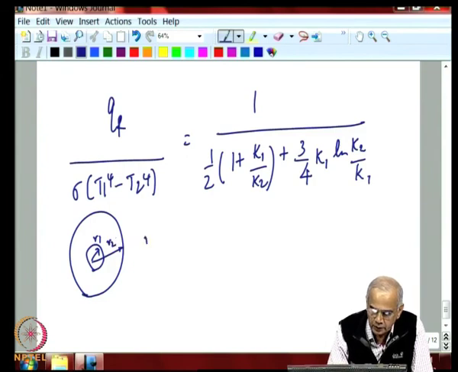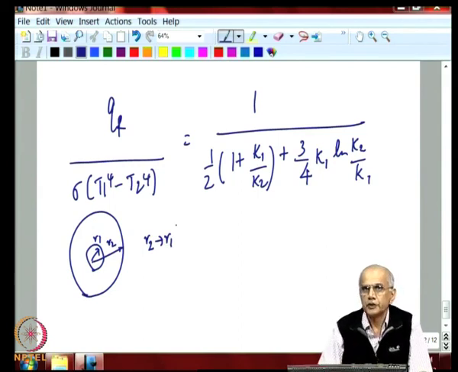So, do you realize that when R2 approaches R1 and the gap is very small, you do expect the plane parallel model to work. So, let us see what happens.